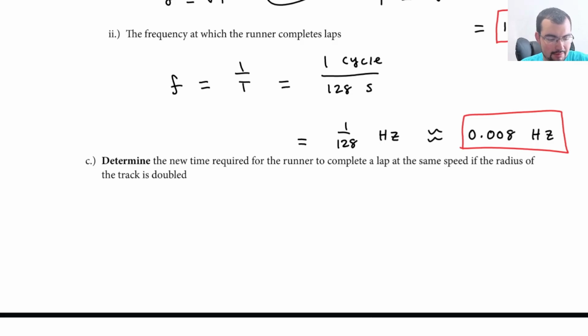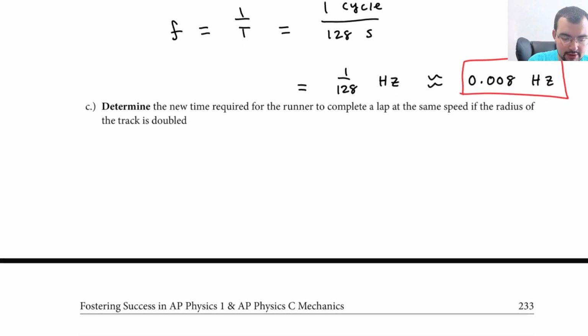Determine the new time required for the runner to complete a lap at the same speed if the radius of the track is doubled. Well, multiplier time. Distance is still equal to speed times time, and the radius of the track is doubled. So it might help to note that the distance is the circumference, so 2 pi r is equal to vt.